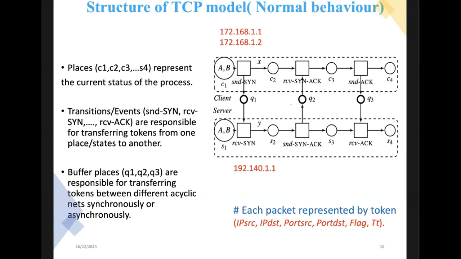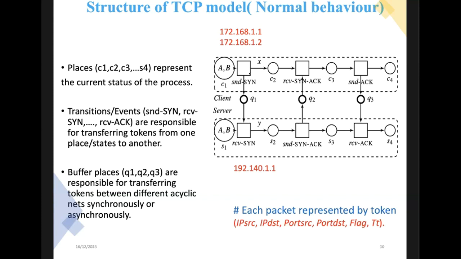This figure demonstrates how client and server communicate with each other in the TCP protocol. The upper one is the client, and the server is the lower one, using colored communication structure acyclic net.